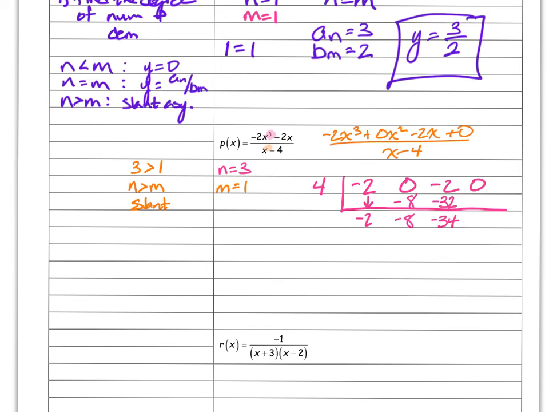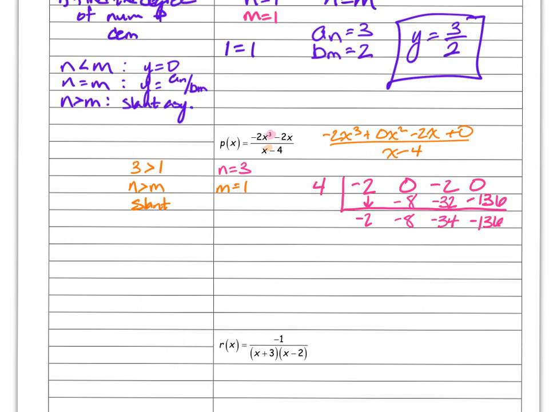Negative 34 times 4 is negative 136. Add that together, negative 136.